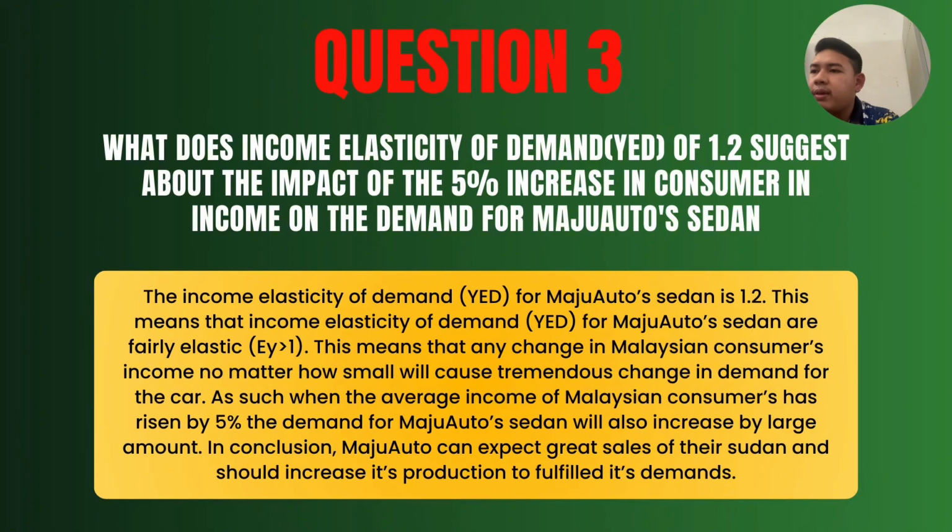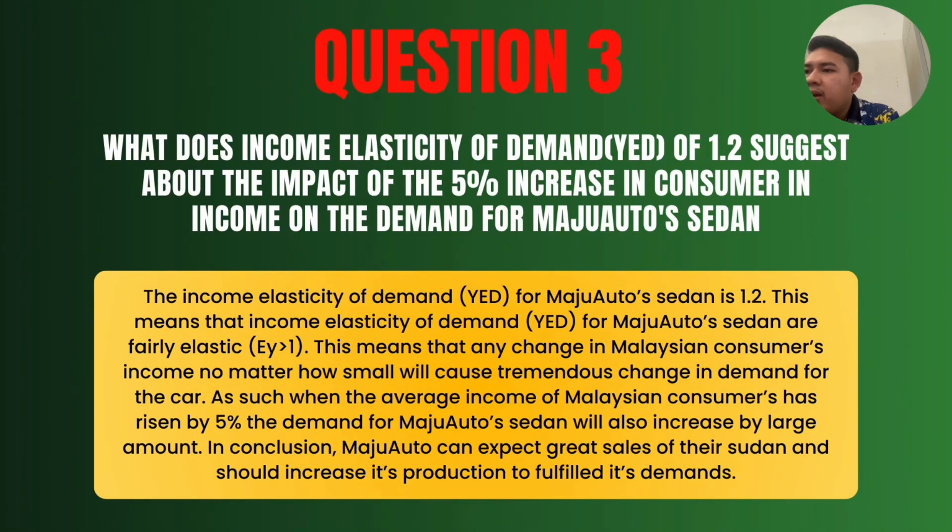First thing first, the income elasticity of demand, YED, for the Major Auto sedan we know is 1.2. This means that it's fairly elastic. Why? Because the income elasticity of demand is more than 1, which we know is 1.2. When it's more than 1, it means that it is fairly elastic. Get it? Okay.